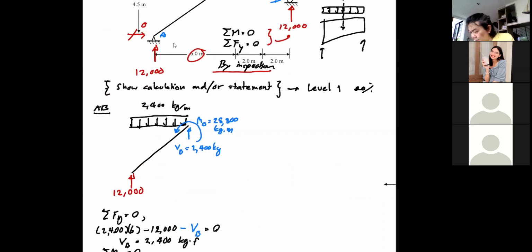So the total load here is 2400 multiplied by 6. So that is 14400. Okay. We need to turn this load into the one perpendicular to the member.